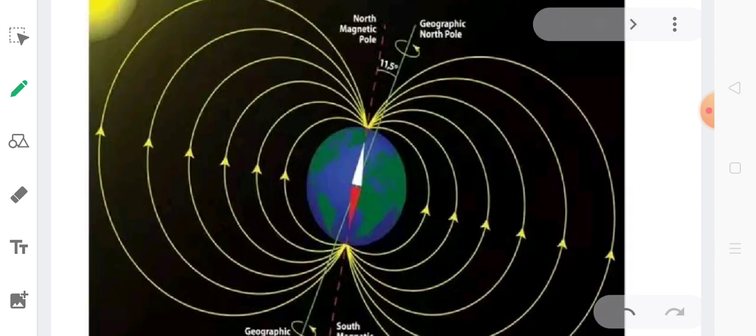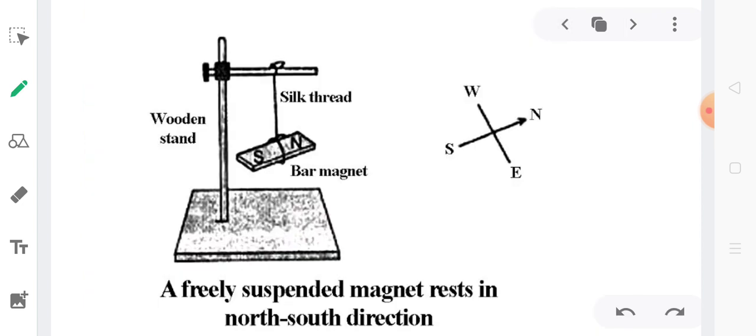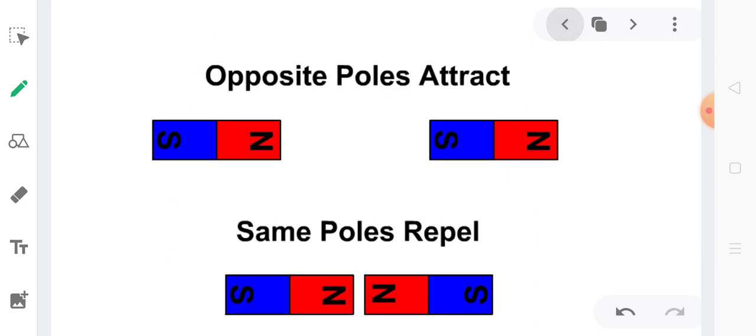The other magnet is actually our earth. Our earth also behaves like a huge magnet, and the magnetism of the earth is responsible for aligning this bar magnet along the north-south direction. Now why did I ask you to remember this particular property, that opposite poles attract and same poles repel?